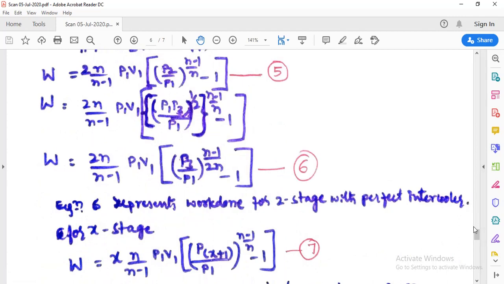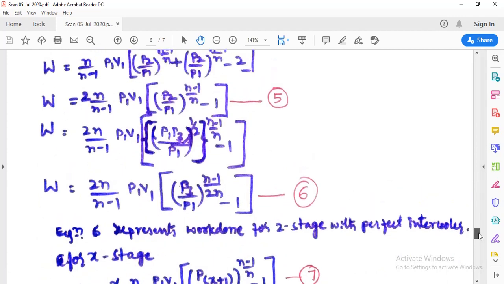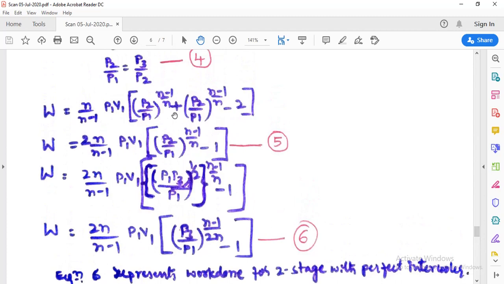There are two P2 by P1 terms, P2 by P1 plus P2 by P1, whole to the power of n minus 1 divided by n. That's why I am going to take the 2 as common outside. Hence 2 into n divided by n minus 1 P1 V1 into, in the bracket, P2 by P1 whole to the power of n minus 1 divided by n, minus 1, because 2 I have taken outside.